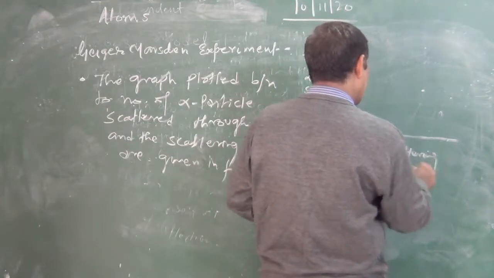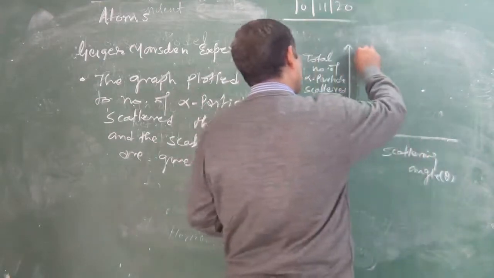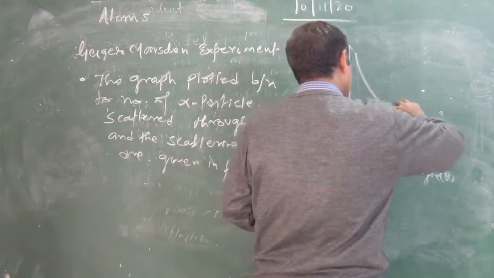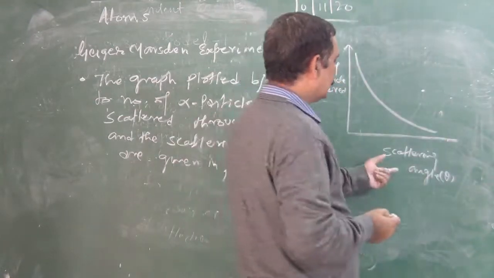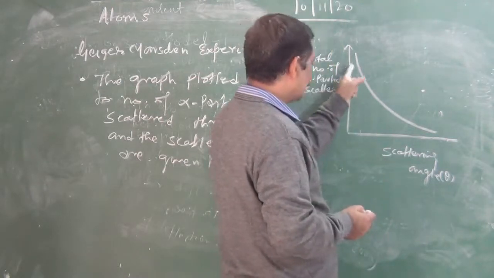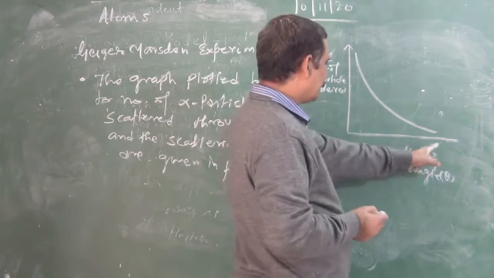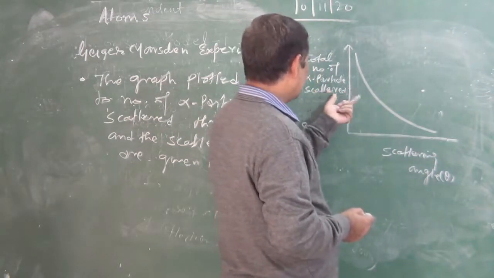The nature of the graph will be like this. It means when the scattering angle increases, the total number of alpha particles scattered decreases, and when theta decreases, the total number of alpha particles scattered increases.